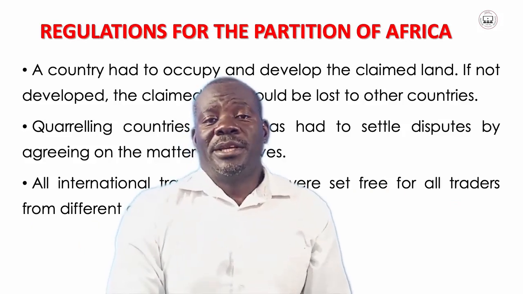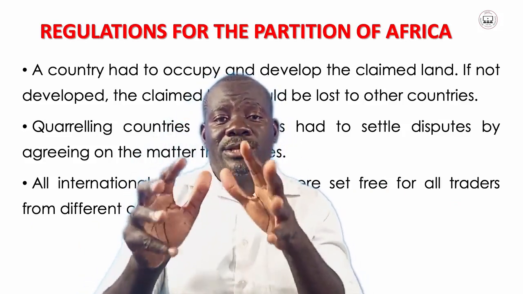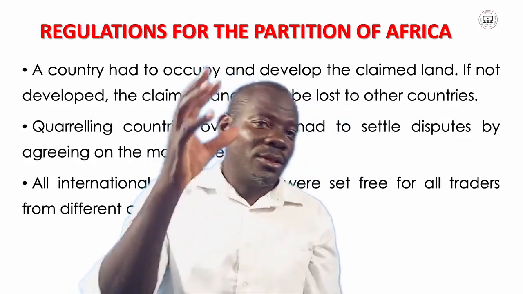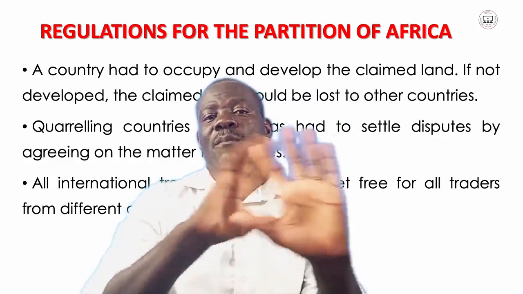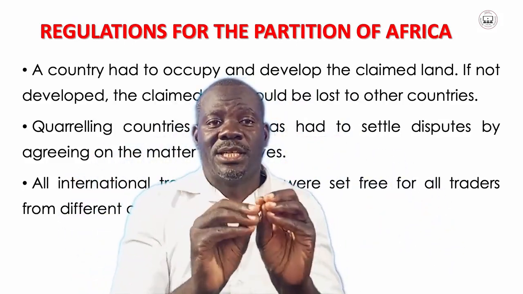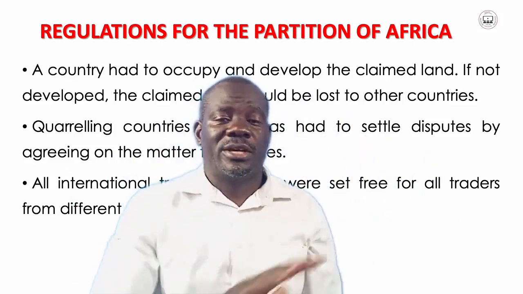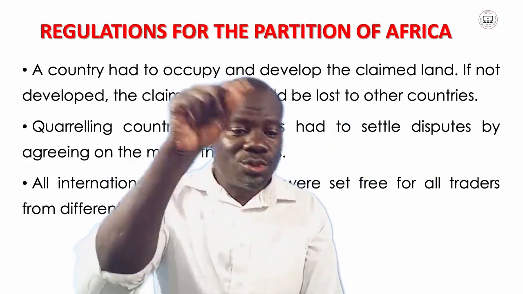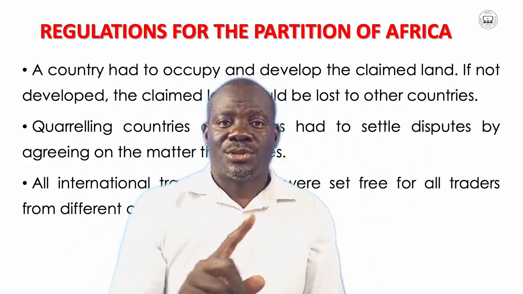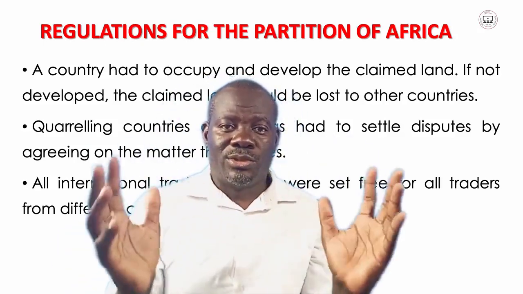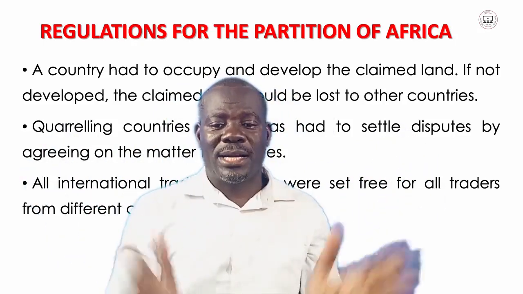Here, what we mean is that there were other territories that were regarded as international trade centers. Those centers were to be open to all countries for trade. Not that because maybe France has occupied this territory, no other country was allowed to trade in that territory. No. So they agreed that international trade centers should remain open to all countries.